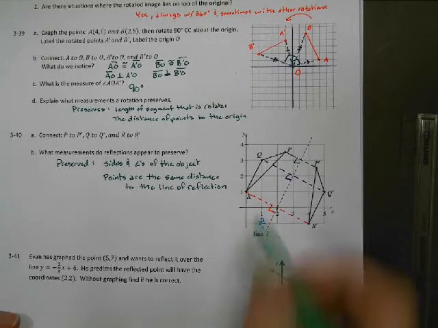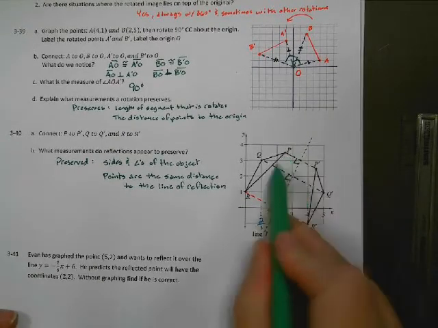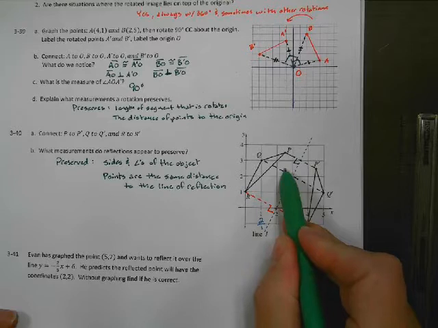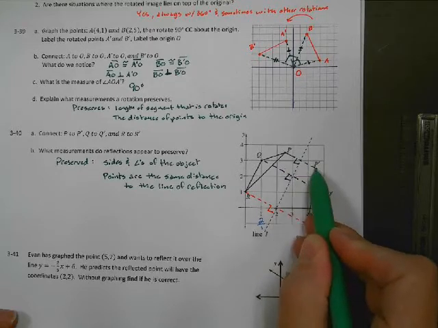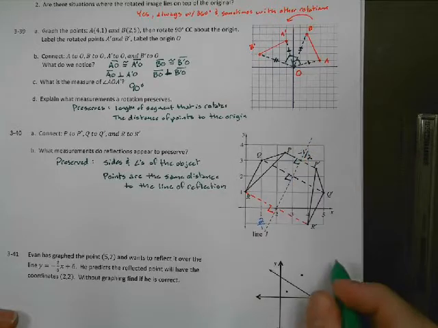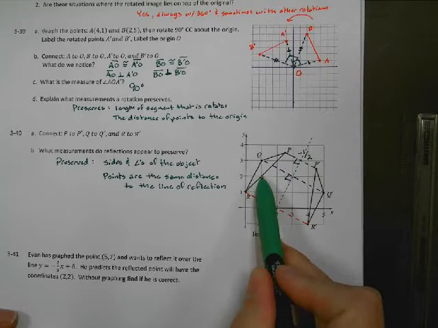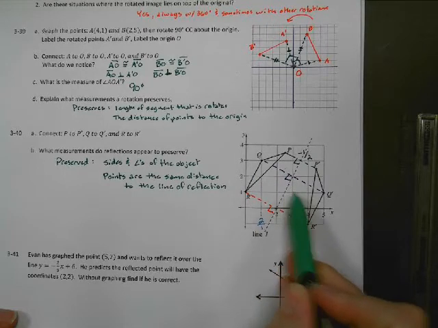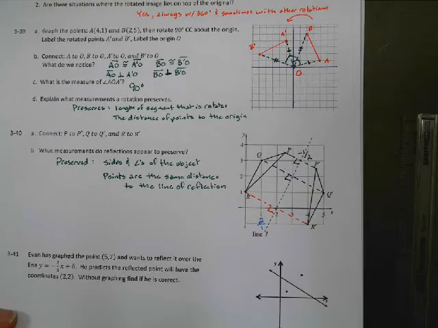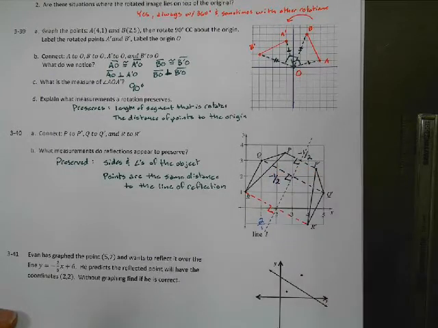Now let's look at our other lines. So this one goes down 1 and over 2. This one goes down 1 over 2, so that one is also negative 1 over 2.